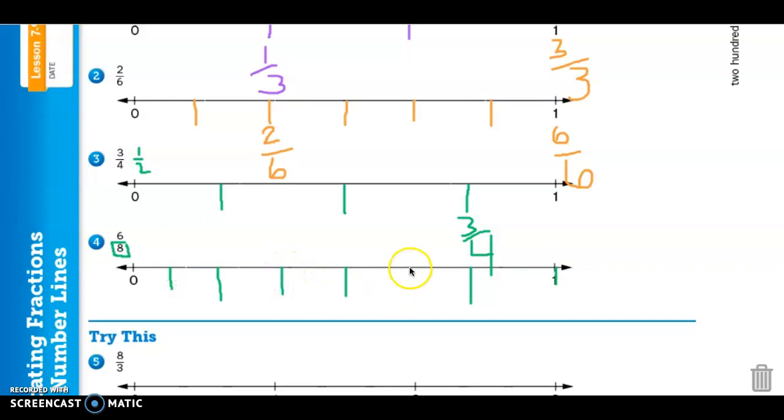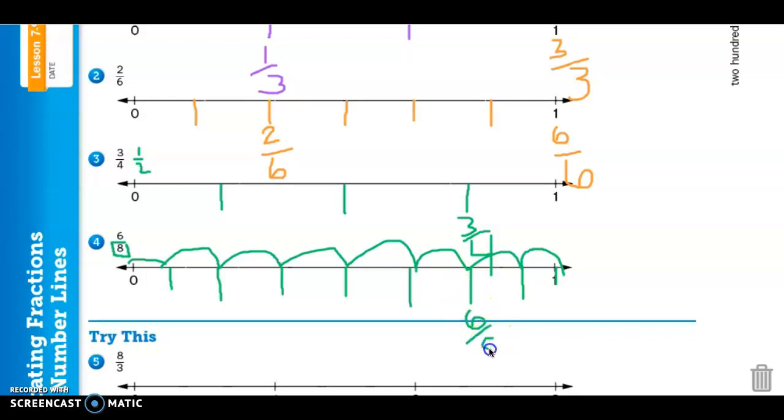So these are about halfway between. Count with me to see how many equal parts we have. Let's make sure it's 8. 1, 2, 3, 4, 5, 6, 7, 8. 8 hops. We know we have 8 equal parts. Let's find 6. 1, 2, 3, 4, 5, 6.